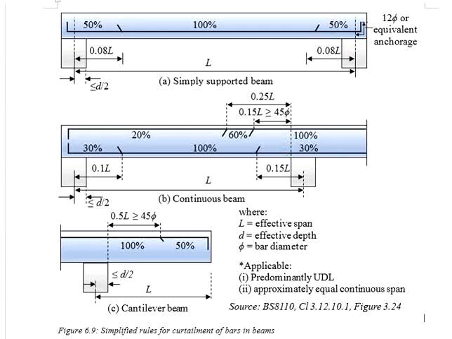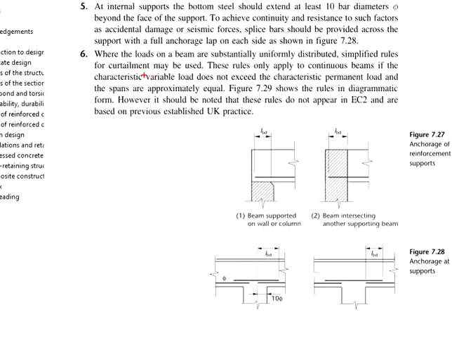I see in some references, they add an additional requirement for the application of these simplified rules, which requires the characteristic variable actions not to exceed the characteristic permanent load. You may also adopt this requirement if you wish to apply the simplified rules.